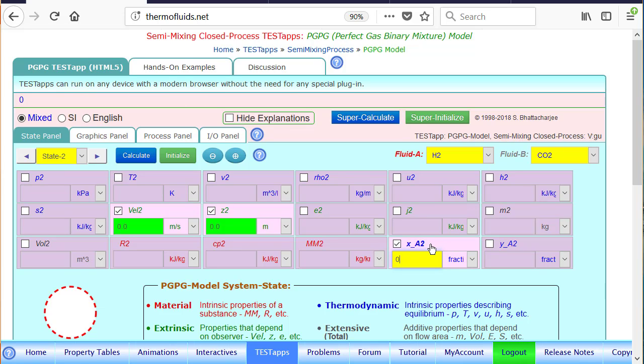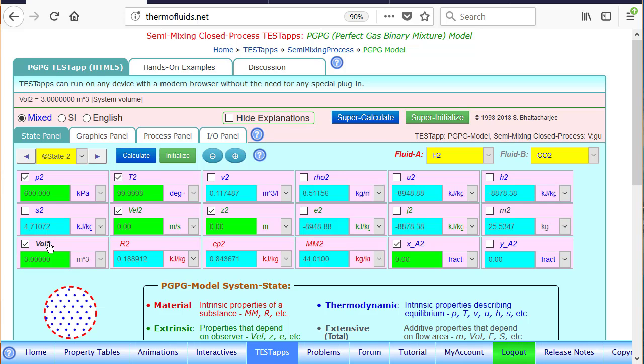That's the thing about a binary mixture: a pure gas is made by setting the mass fraction to either 1 or 0. Then what else do we know about state 2? 600 kPa is the pressure, the temperature is given as 100 degrees Celsius, and the volume is 3 cubic meters. So the state of pure carbon dioxide has been calculated.